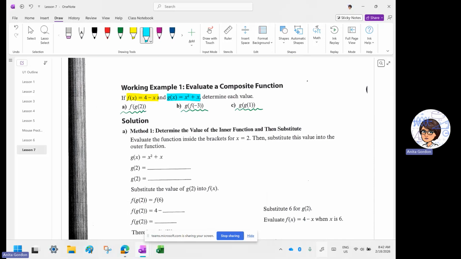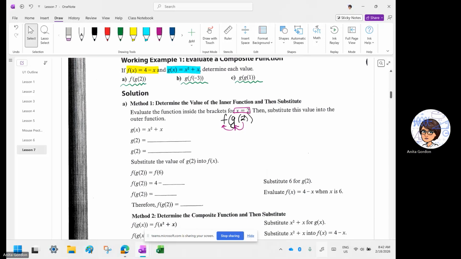So looking at A here, A asked us for f of g of 2, means we are starting with x equals 2, we're putting it into g, and whatever number we get out, we're then going to put it into f. So g is x squared plus x, so this is 2 squared plus 2, which is 4 plus 2, this is 6.